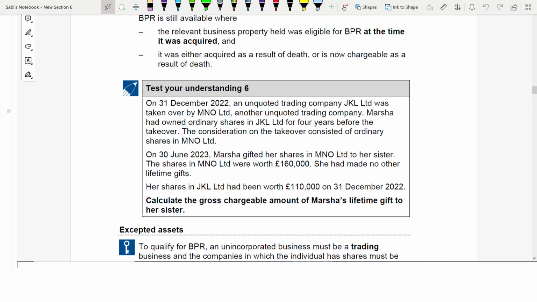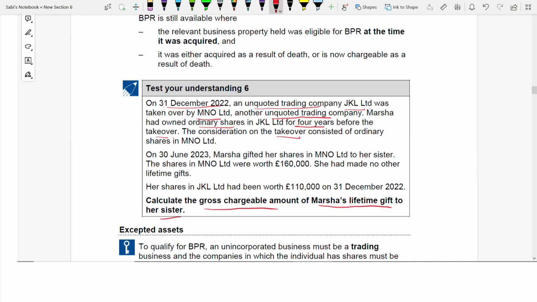Test your understanding 6. Calculate the gross chargeable amount of Marsha's lifetime gift to her sister. On 31st December 2022, unquoted trading company JKL was taken over by MNO, another unquoted trading company. Marsha owned ordinary shares for 4 years before the takeover.